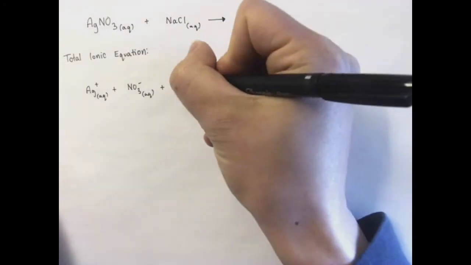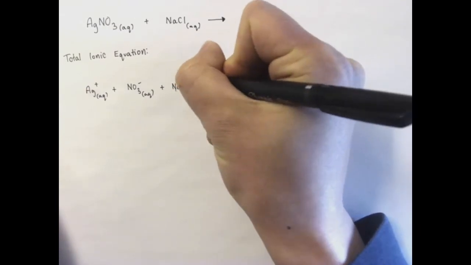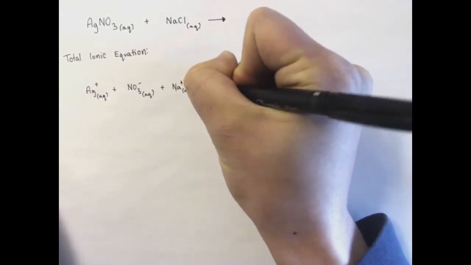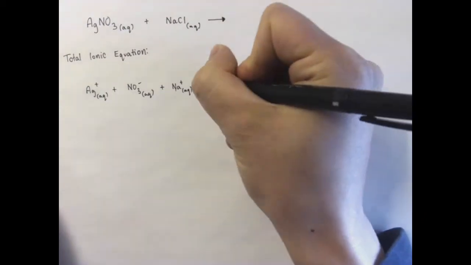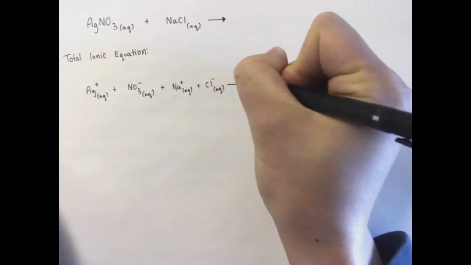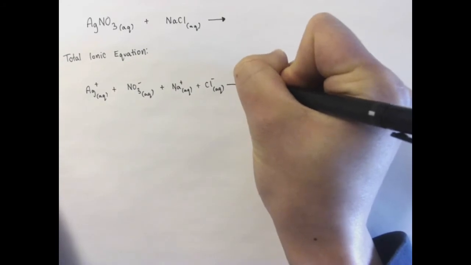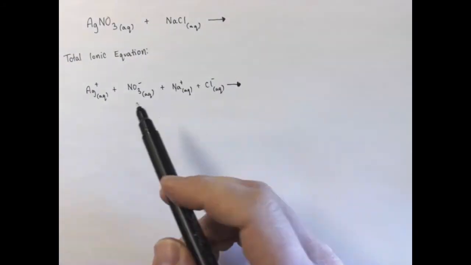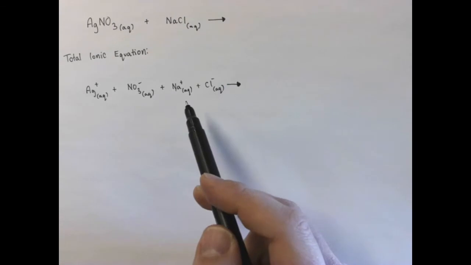Sodium chloride is just a mixture of sodium ions and chloride ions. So when we mix these two substances together, we get a mixture of ions.